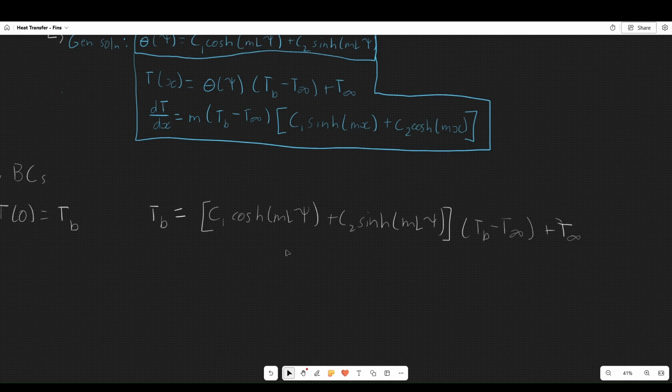Remember, psi was x over L, so this becomes mx, and so this basically goes to 0, right? Same thing with this. Psi is x over L, the L's cancel out, x times m, x is 0, so this also goes to 0. And so what we end up getting is that sinh of 0 is 0, and cosh of 0 is 1. So we have Tb, right?